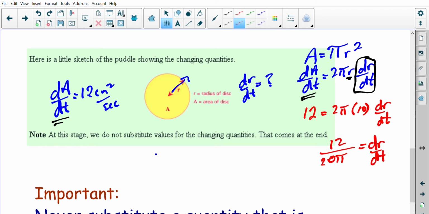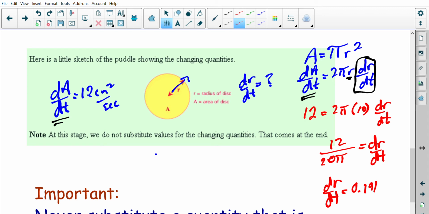I'm just going to grab my calculator here. So we need 12 divided by 20 pi. And I get 0.191. So dr/dt is 0.191. Now, we just need to put some units on this.